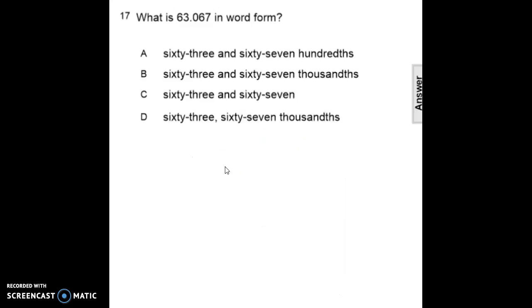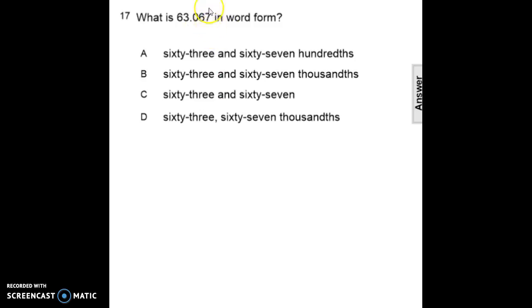One more example. What is 63.67 in word form? Well, it's kind of clear that 63 is a whole number. So you notice the first 3 have 63. They all have and, recognizing the decimal point. Now the tricky part is looking at the last digit.